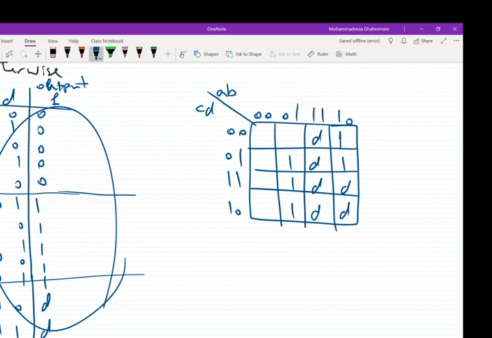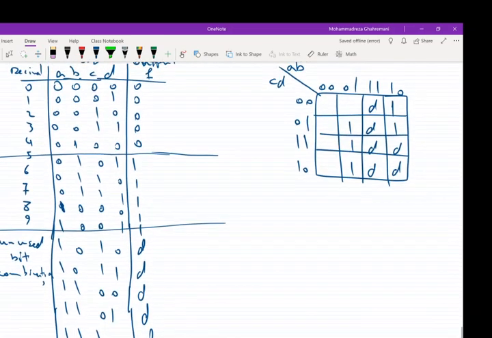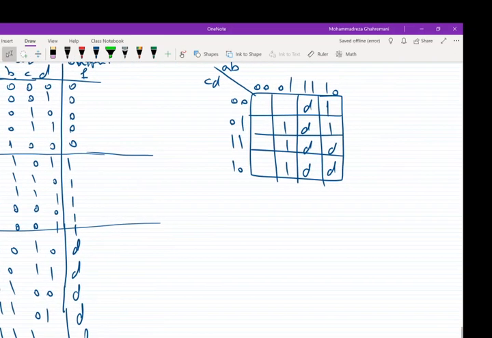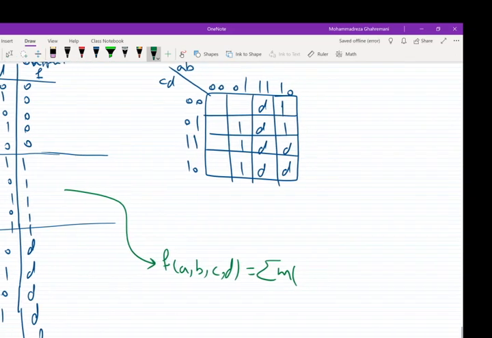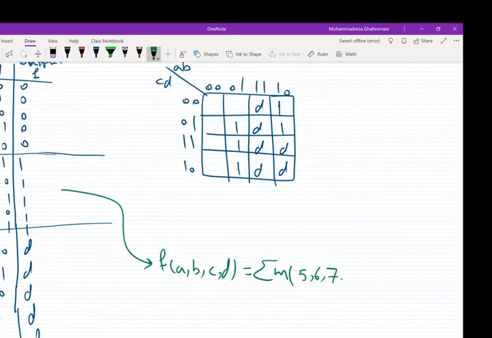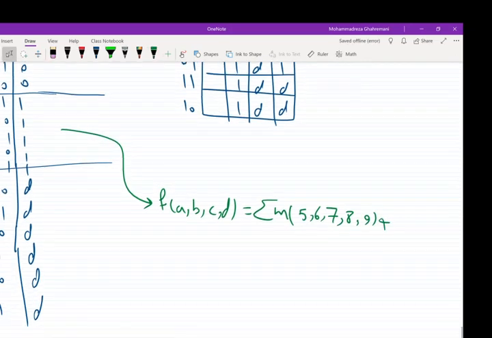Before just simplifying this function, I want to write this truth table in the form of a minterm. So if I write this truth table in the form of minterms, we can say f of a, b, c, d is equal to sigma of minterms 5, 6, 7, 8, and 9 plus don't care 10, 11, 12, 13, 14, and 15.